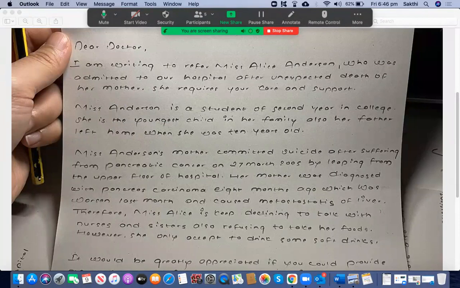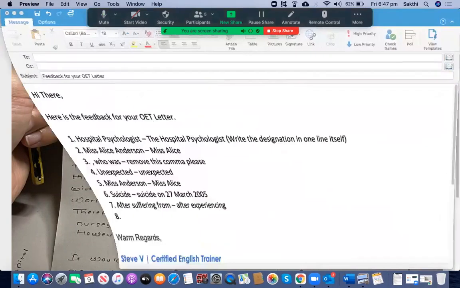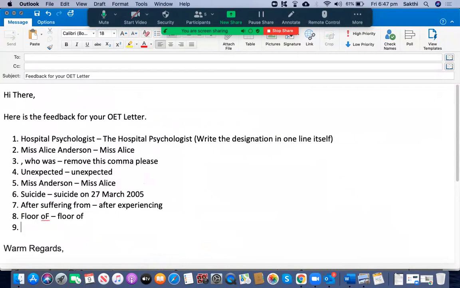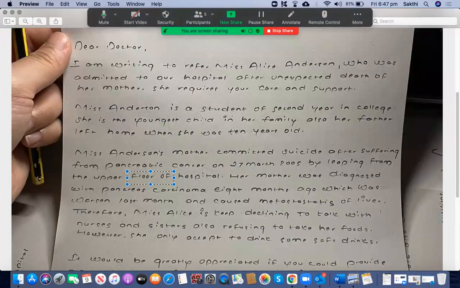See the F, the way you write this F. These two F's look like capital F. So you're writing floor off like this. This is wrong. This is not good. You have to write small f only for both of them. Floor, off. Small f in both words, okay? After leaping from the upper floor of hospital.